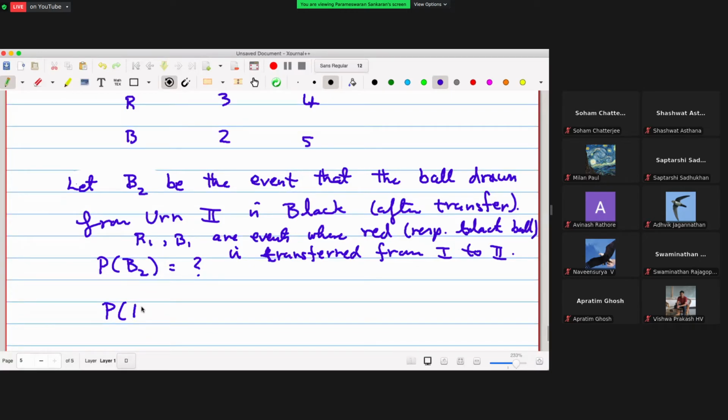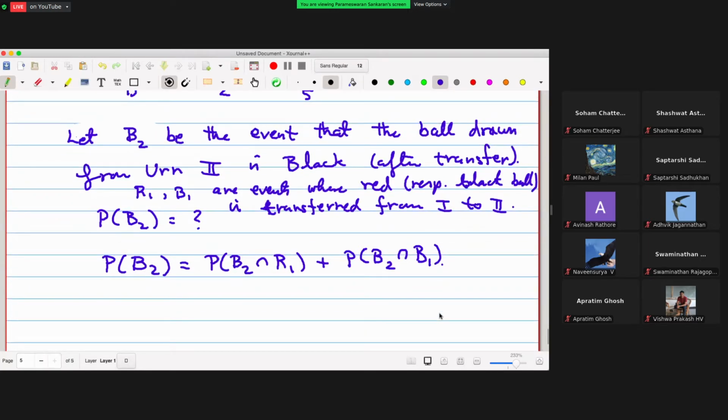Probability of B2 is equal to probability of, well, B2 intersection with R1 plus probability of B2 intersection with B1, B1 being the complement of R1.